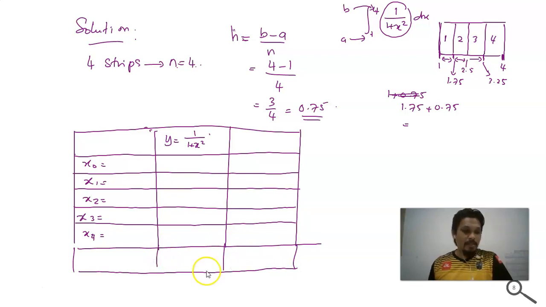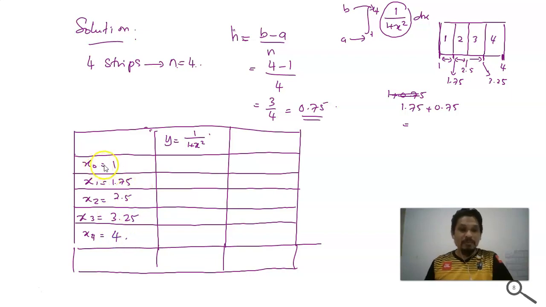Okay, so now substitute x naught. The first one here is x equal to 1, and then 1.75, 2.5, 3.25, and 4.